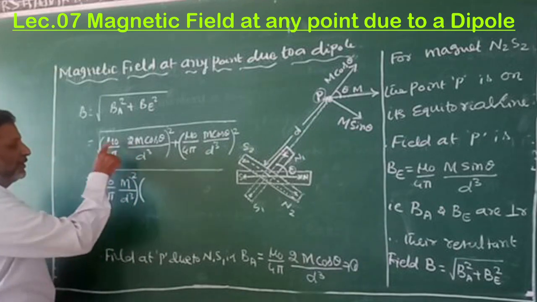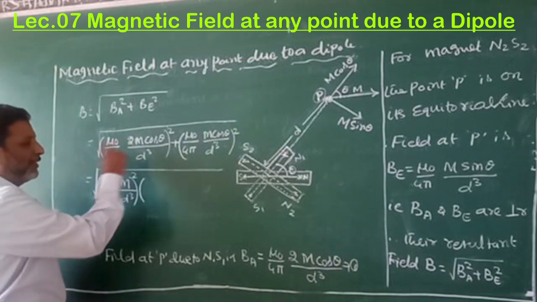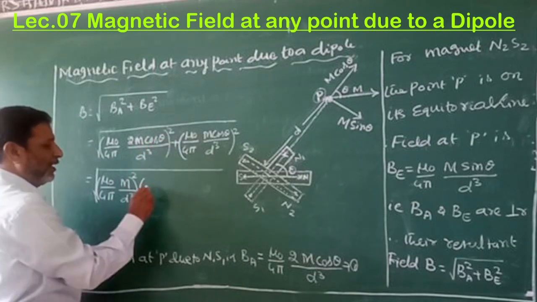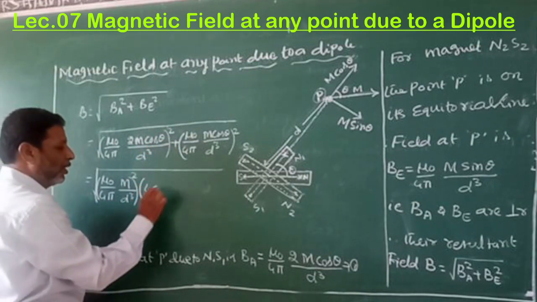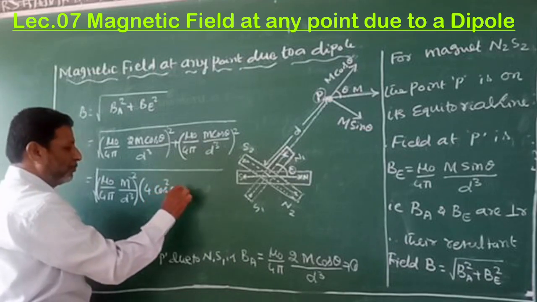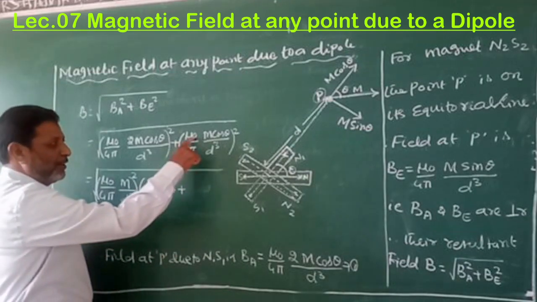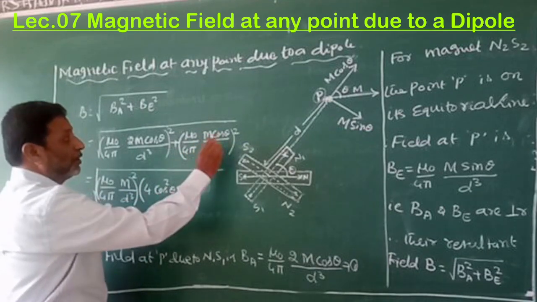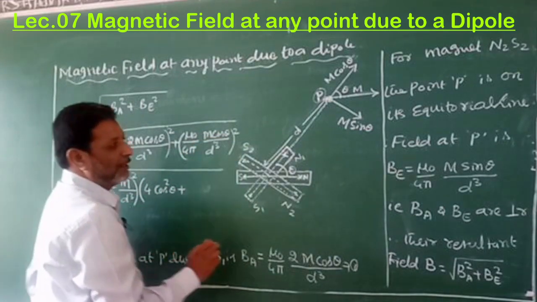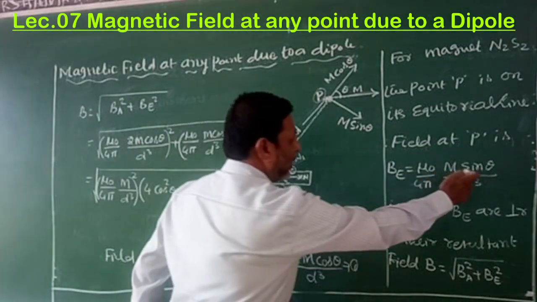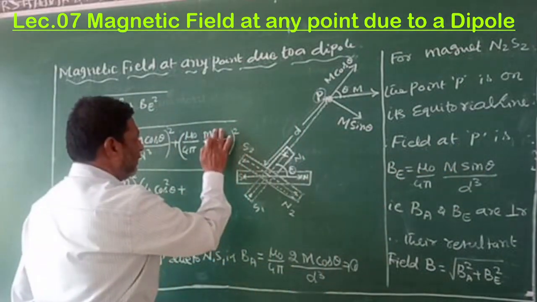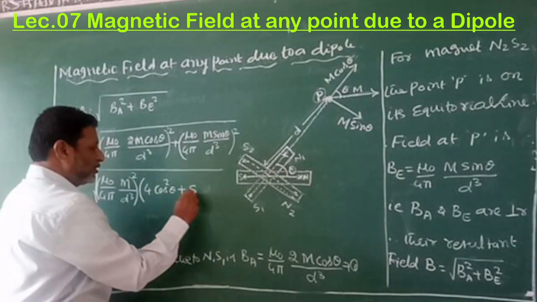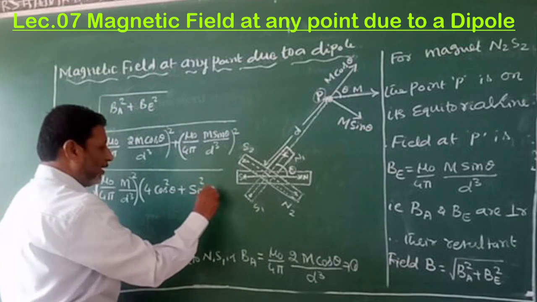When you take out this common factor, you are left with 2 cos theta whole square, that is, 4 cos square theta, plus, sorry, I have written a mistake here. This is nothing but BE, which is sin theta, so this is equal to sin square theta.